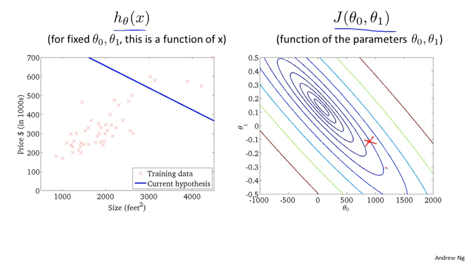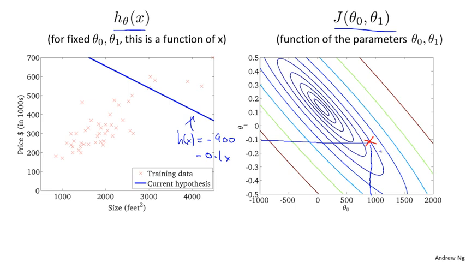Usually you initialize your parameters at 0, theta 0 and theta 1 equal to 0, but for illustration, in this particular implementation of gradient descent, I've initialized theta 0 at about 900 and theta 1 at about minus 0.1. This corresponds to h of x equals minus 900 minus 0.1x, which is this line. And so we're out here on the cost function.